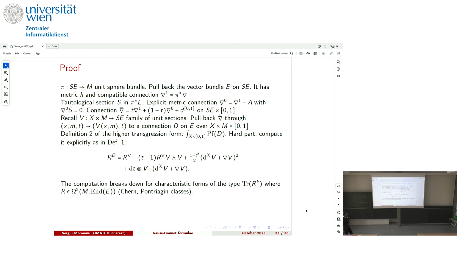And the way to prove the transgression theorem, I was cheating when I stated it like that, is because there is an alternate definition. You just integrate the Pfaffian of such a big connection. Based from here, you construct a connection on a larger manifold, and you integrate it partially in the parameter space X and T. Okay?